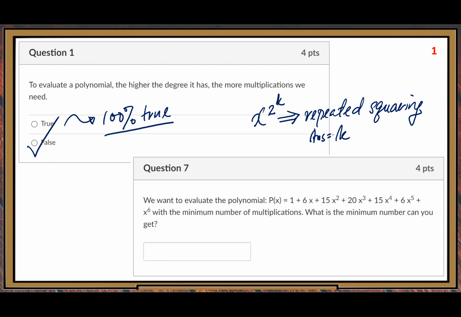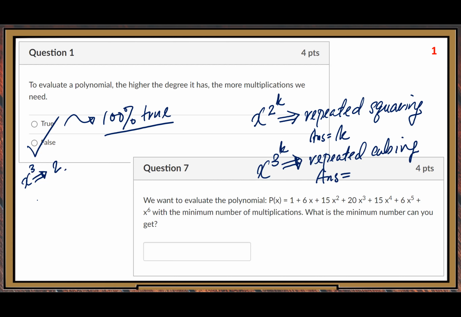Then we can extend this repeated squaring a little more to the general case. Similarly, there is repeated cubing, 3 to the k. In this case, by repeated cubing, what is the answer? This time not k, right? Because for x cubed, we need 2, right?